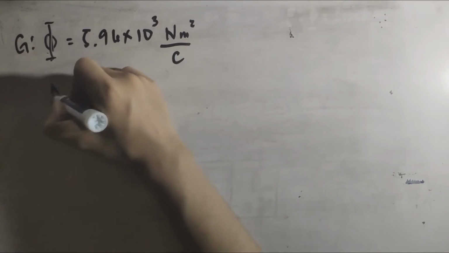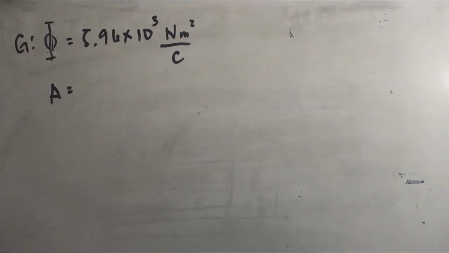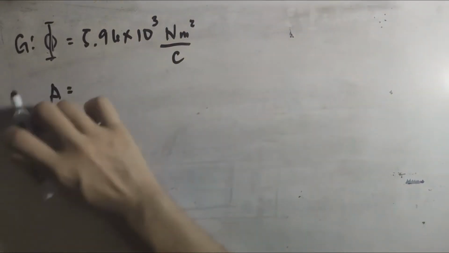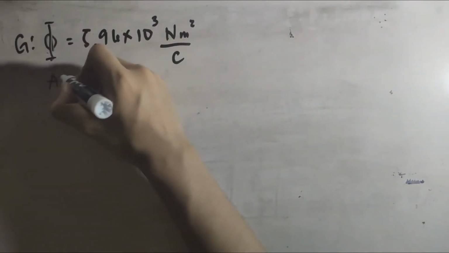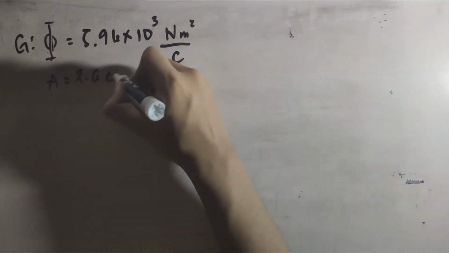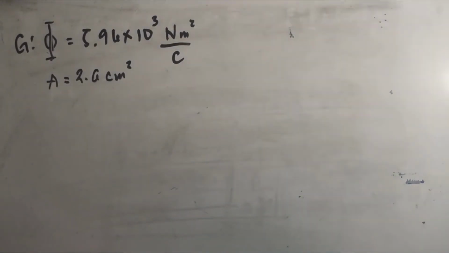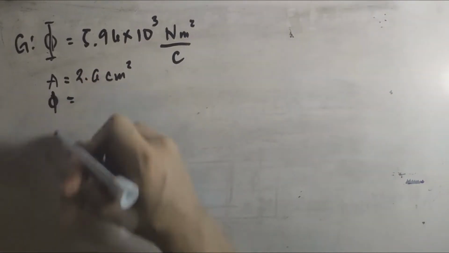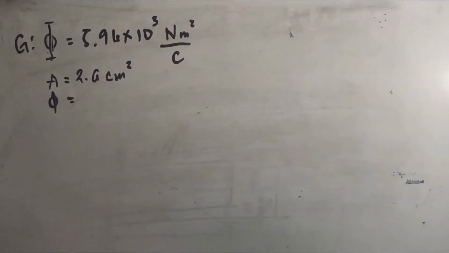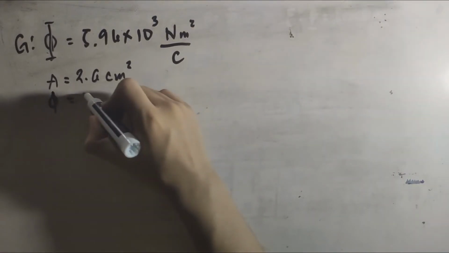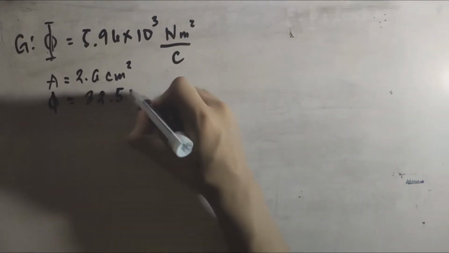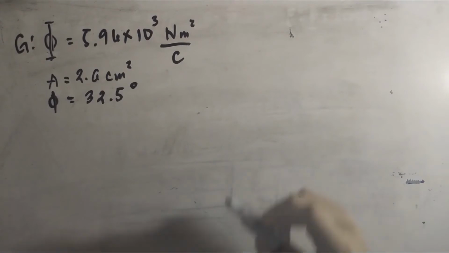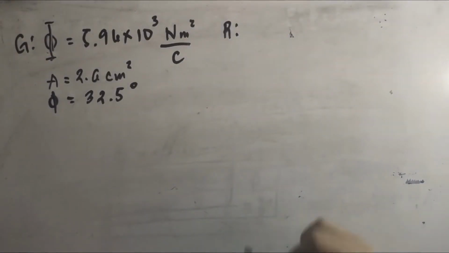So we have an area which is equal to 2.6 cm squared. And then we have an angle from the normal line, so that's phi, which is 32.5 degrees. Okay, so according to the problem, the required for us to look for is the electric field.